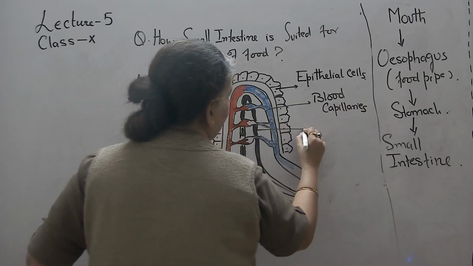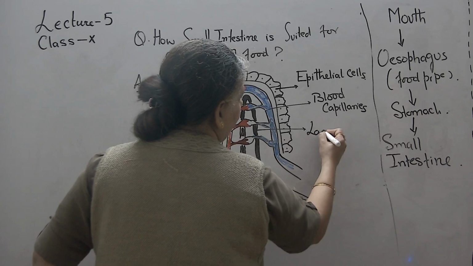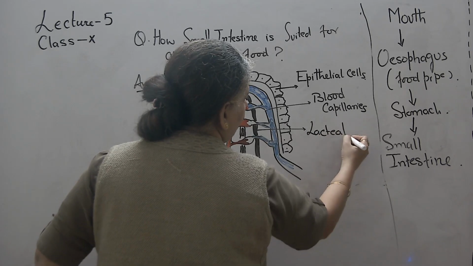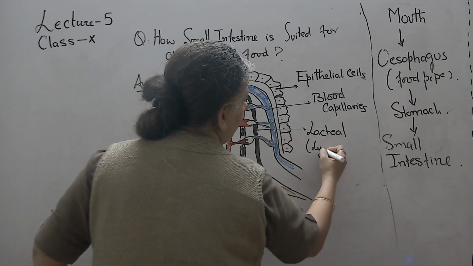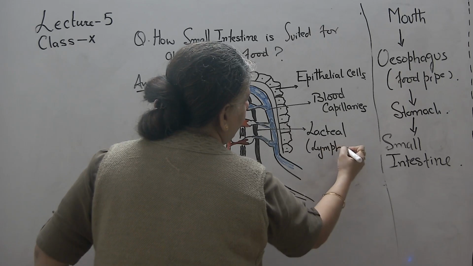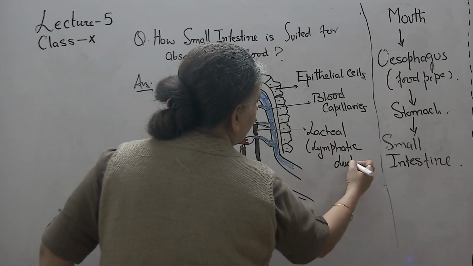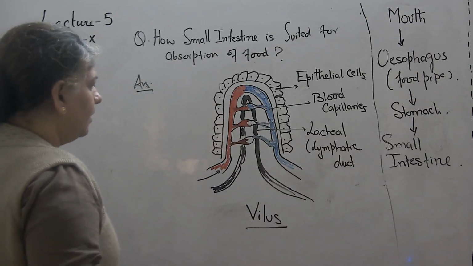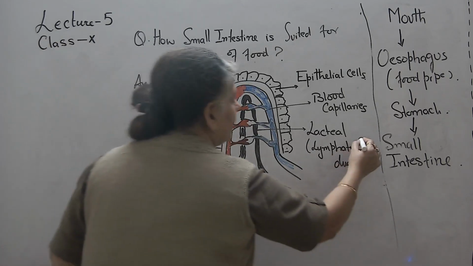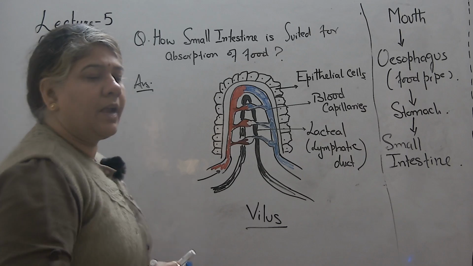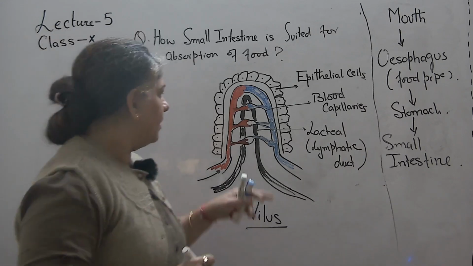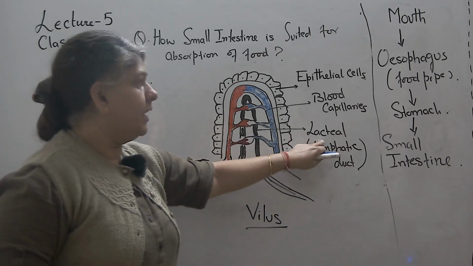And this is the lacteal, that is the lymphatic duct. So the lymphatic duct that enters the villus is called lacteal.